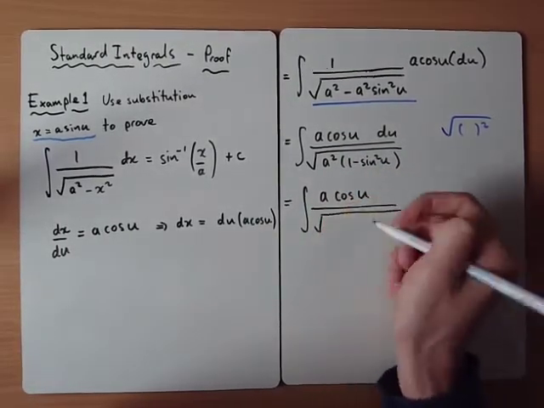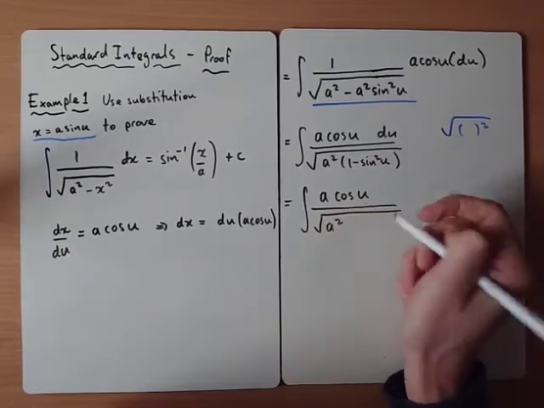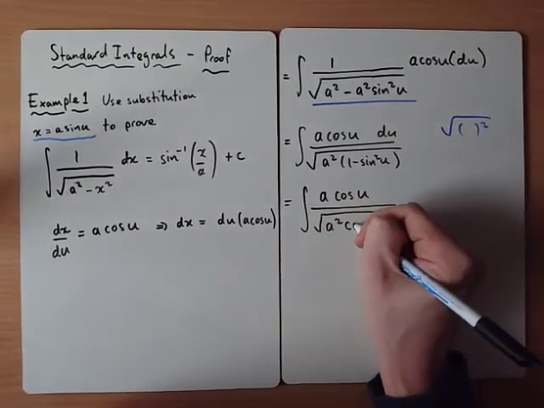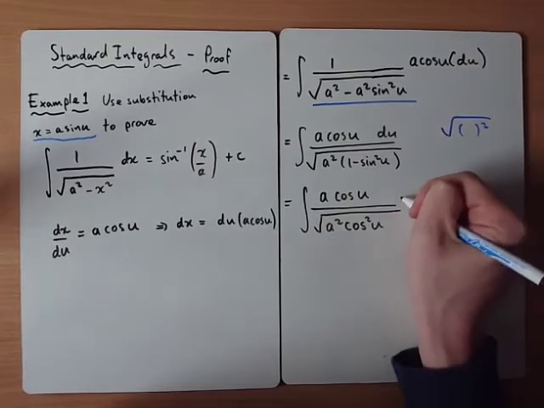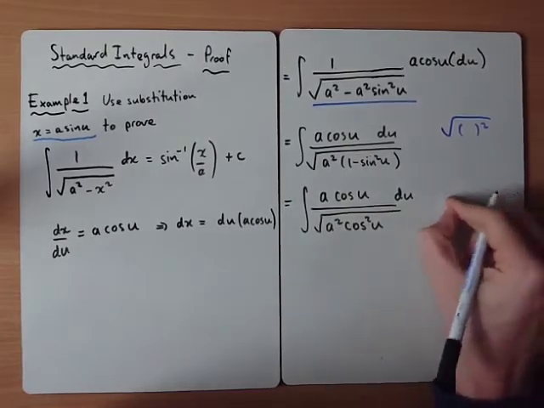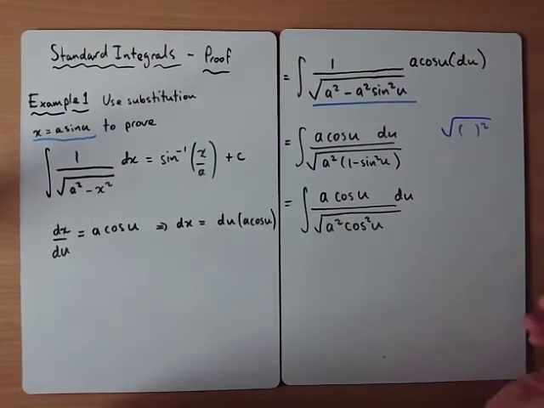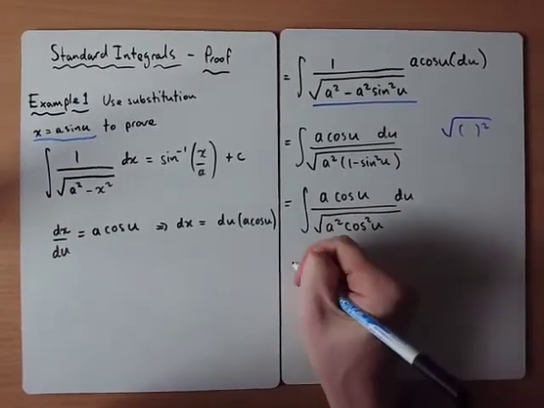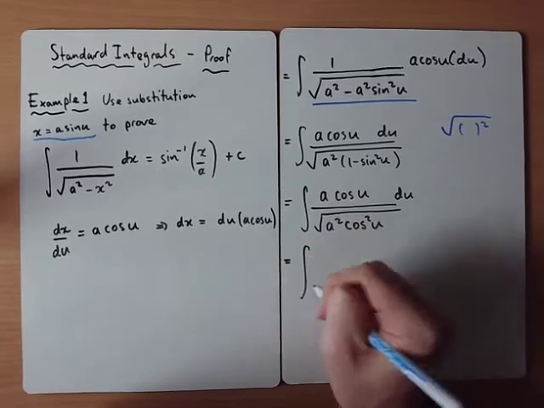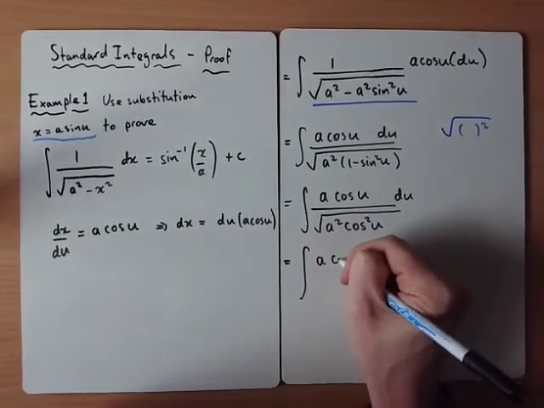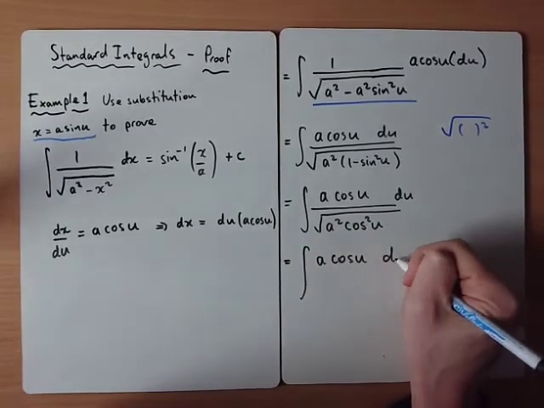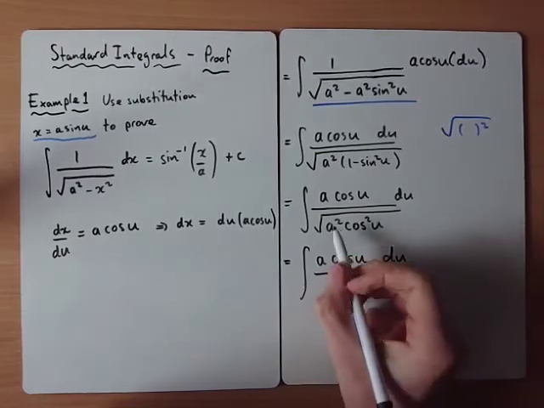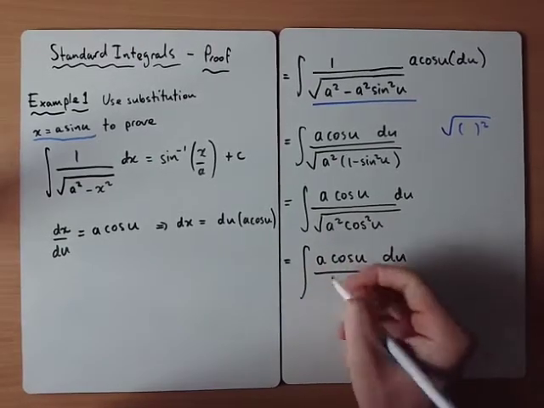It would be to write it as a squared times 1 minus sine squared, which would be cos squared. You might even want to write sine squared plus cos squared equals 1, just to prove this, you're using this identity. And now look what happens. It's actually really neat the way this works out. You'll know that you've done it right at this point. If I square root this, I get a cos u.